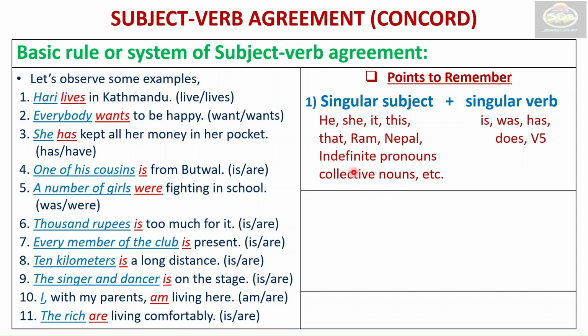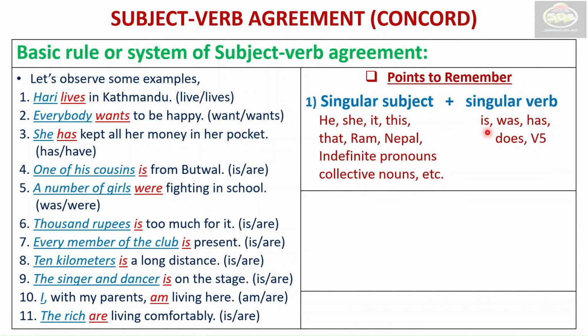These are some examples of singular subjects, and if such subjects are used in the sentence, we have to use a singular verb. These are singular verbs: is, was, has, does, V5. Has and does are also V5, and the fifth form of have verb is has, the fifth form of do verb is does, and all the V5 or fifth form, present simple form, and is, was.